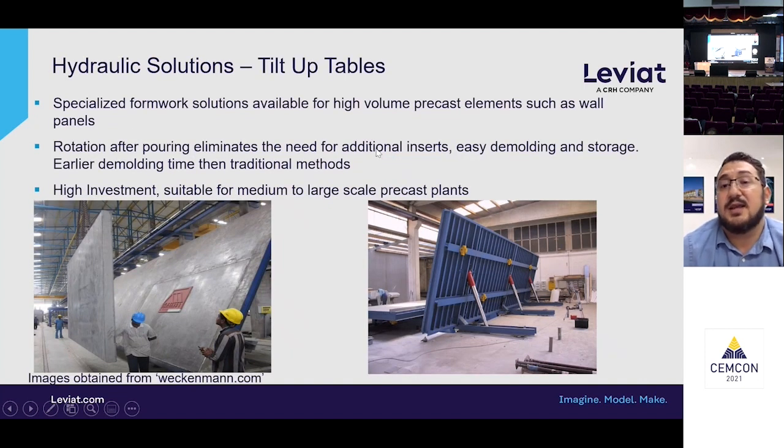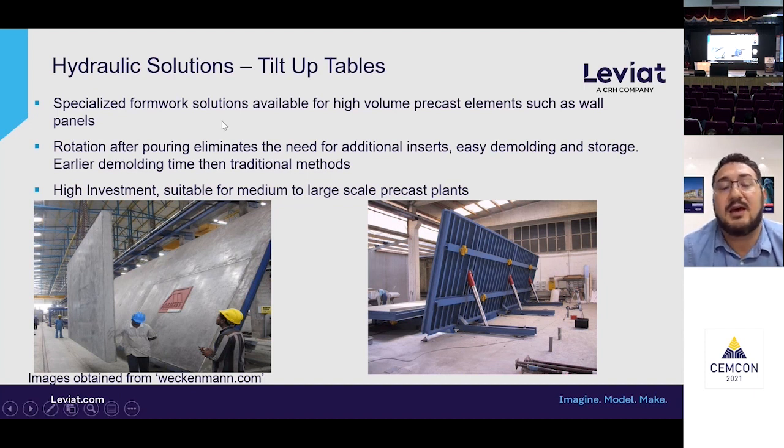For hydraulic solutions, tilt-top tables are quite common, particularly in Europe, where it's basically a specialized formwork solution, which is suited more for high volume precast yards and for precast elements such as wall panels.